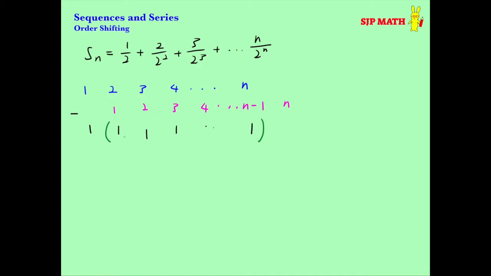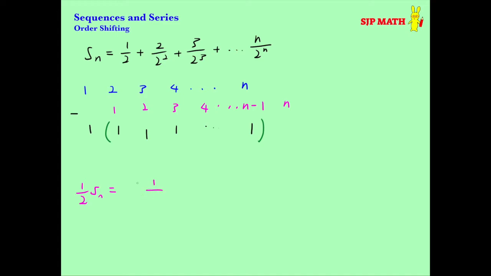So we're going to try it out now. What I'm going to do is multiply Sn by half. I'll explain why I'm doing this in a second.